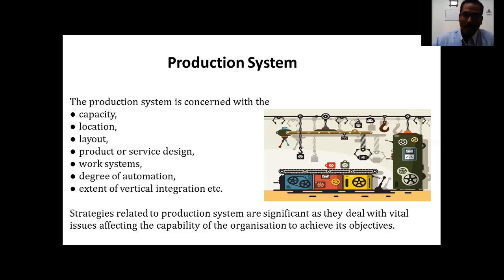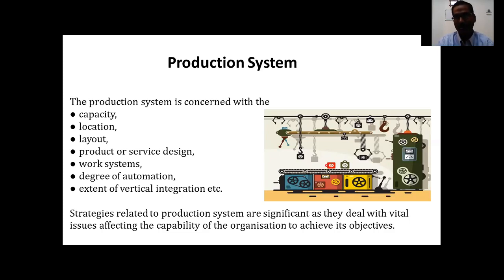Work system, I mean the workflow, and degree of automation. Automation means to what extent there will be machinery and to what extent it will be manual, meaning people working on it.